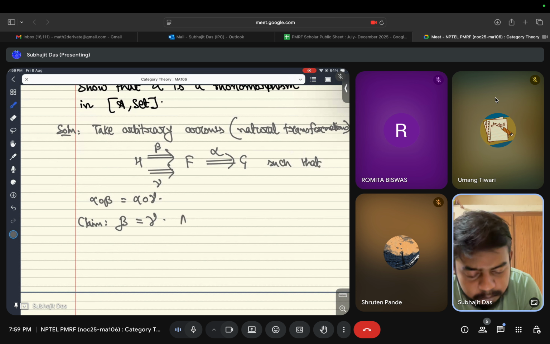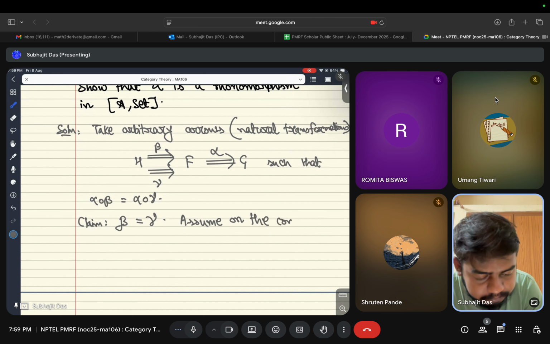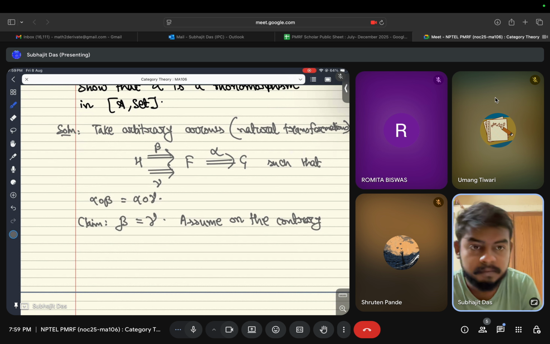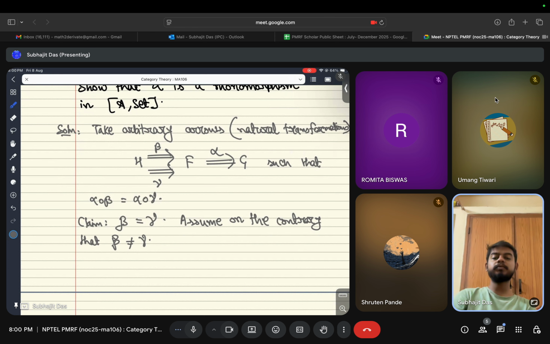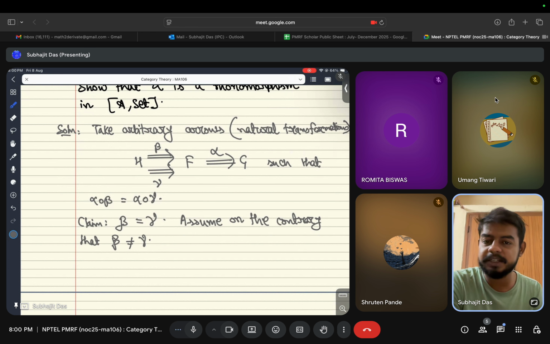So assume on the contrary that beta is not equal to gamma. What does that mean? When can we say that two natural transformations are not equal? What does it mean to say that two natural transformations are not equal?